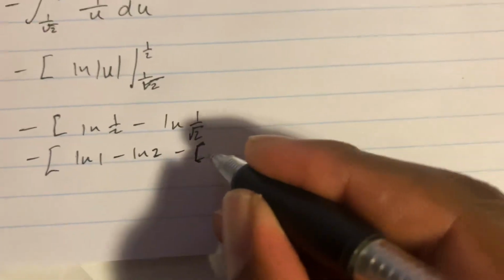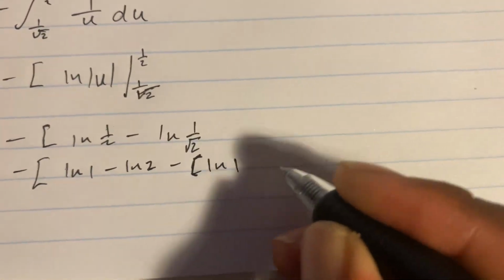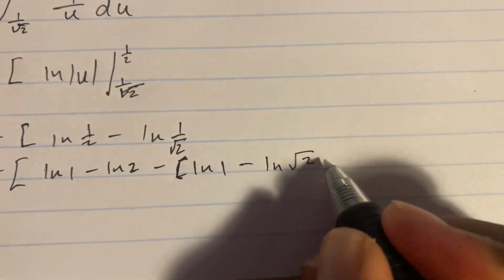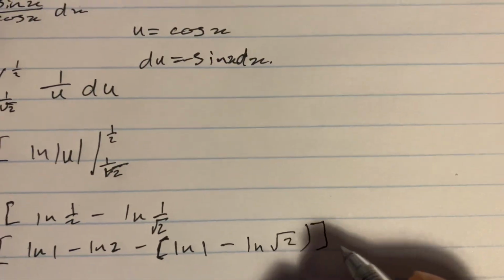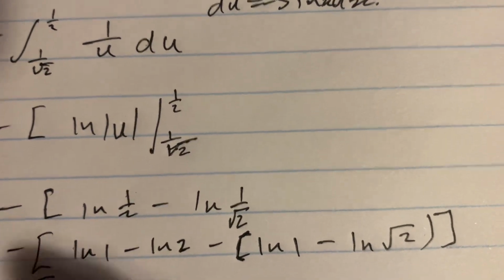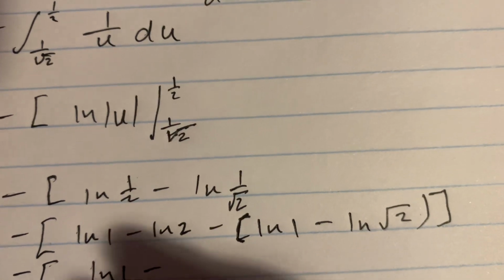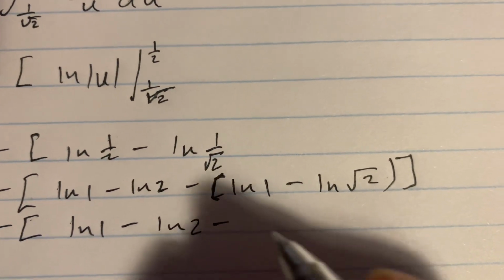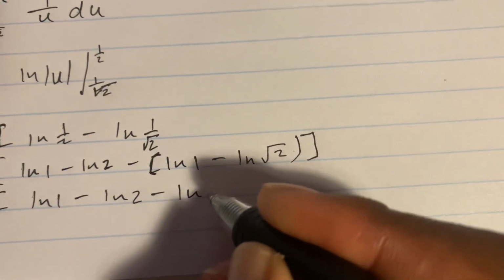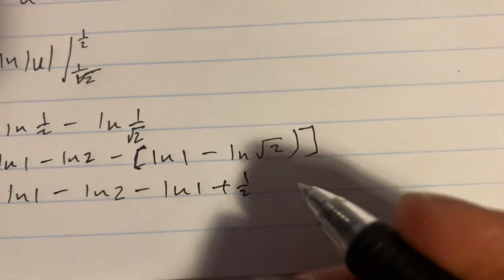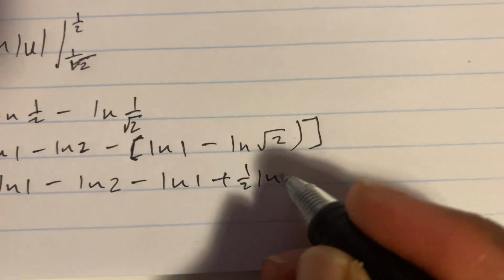So we have ln of 1 minus ln of square root of 2, and then we have our closing bracket there. So we still have the negative on the outside. We have ln of 1 minus ln of 2, and then minus ln of 1 plus half. Let's make the square root a half, put it in front, ln of 2.